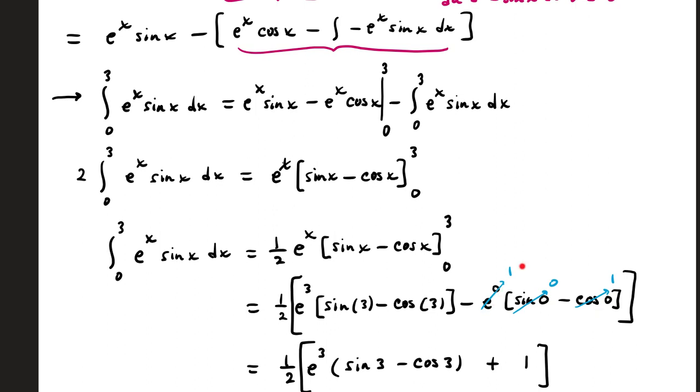E to the 0 is 1, sine 0 is 0, cosine of 0 is 1. So we have 1/2 times e cubed times sine 3 minus cosine 3. All this back here is negative 1 times negative 1, which is positive 1. And that's the exact value of that integral.